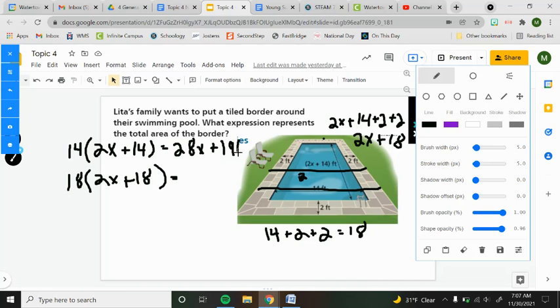Okay, so that's, again, for just the water. I'll put a W here just to remind you, water. Now I'm going to do the same thing here. I'm going to distribute 18 times 2x is 36x, okay? And 18 times 18 is 324.